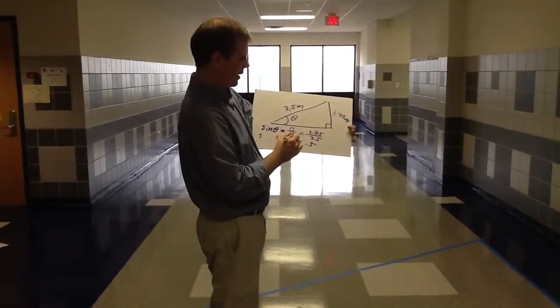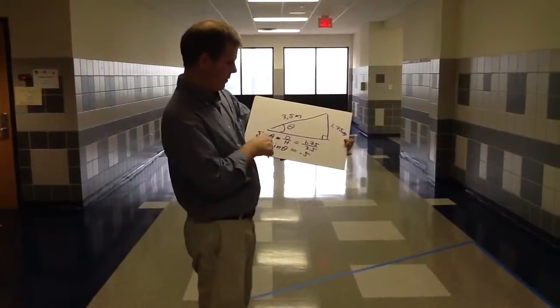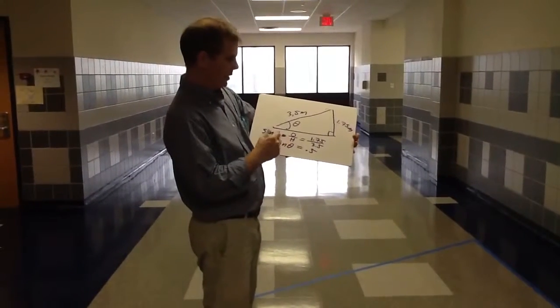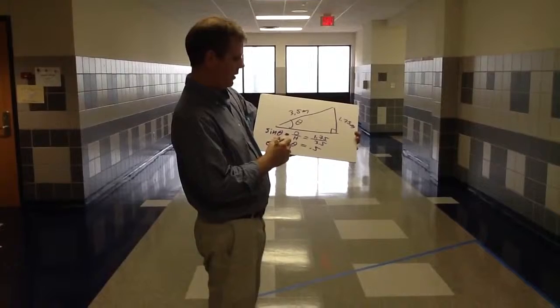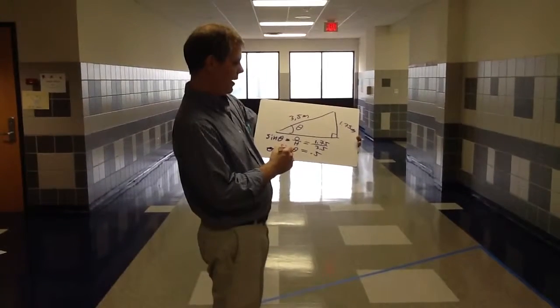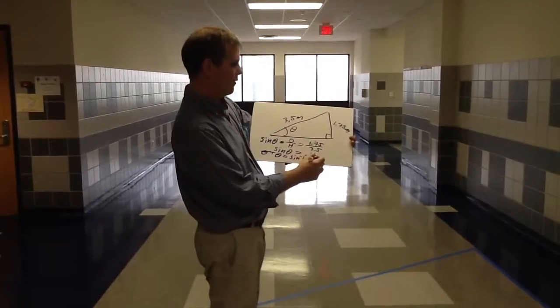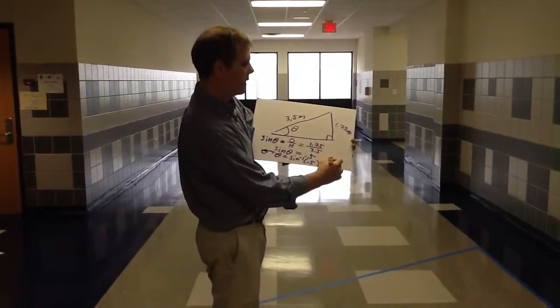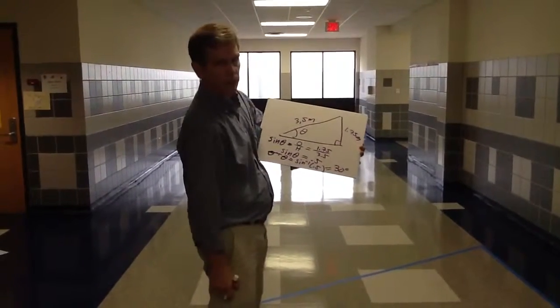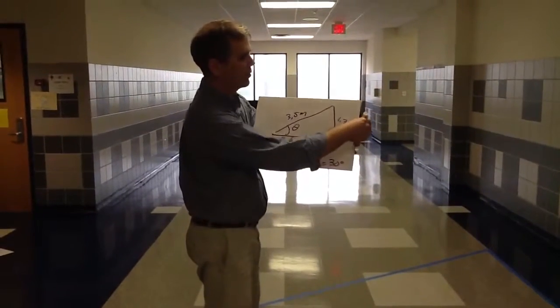So the sine of theta equals 0.5. So if we inverse sine that, theta equals, I know this is a little sloppy, inverse sine of 0.5, you find out that theta equals 30 degrees. Okay, so we have a 30-degree triangle here.